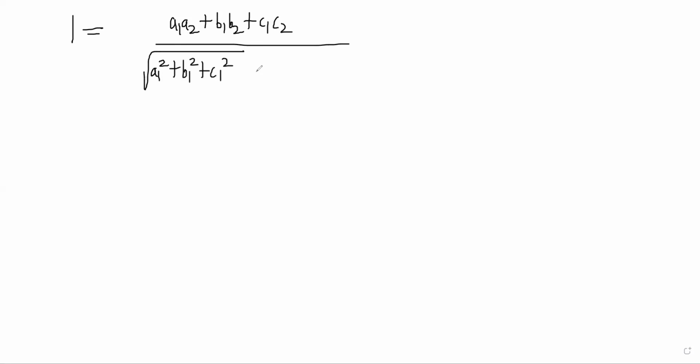1 is equal to a1 a2 plus b1 b2 plus c1 c2 by root over a1 square plus b1 square plus c1 square, multiplied by this.